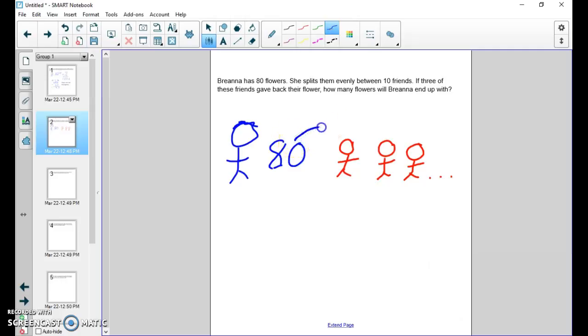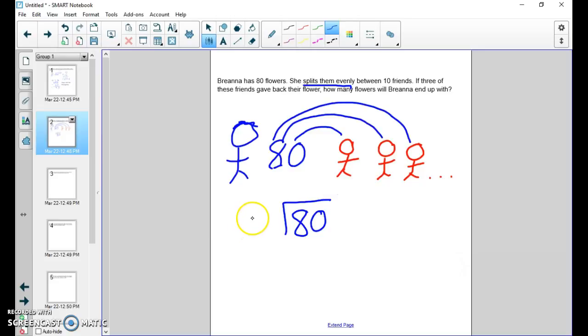I'm only drawing this picture to see what operation we're going to use. All right, so you're going to get some flowers, you're going to get some flowers, you're going to get some flowers. And also it says in the problem that she's going to split them evenly. So it's not like friend 1 gets 3 and then she gets 6 evenly. So what is that operation where we take a group and we break it into smaller equal groups? Division. If you said division, very good. So what we are going to do is 80 divided by 10, which will be 8.